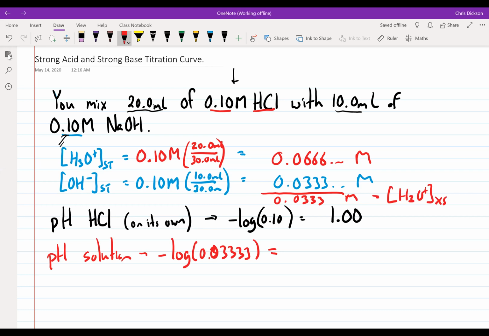So negative log of 0.03333, and we're getting a pH of 1.47. That's really not much, less than half a pH unit difference between what you started with and what you got. So if you think about the amount of base, you added a fair bit here, but let's say you really ramped it up, and let's say that you did the exact same experiment.